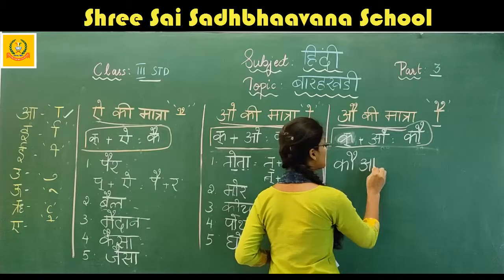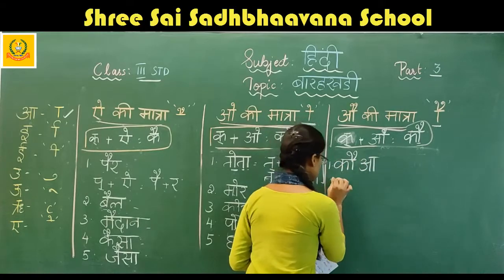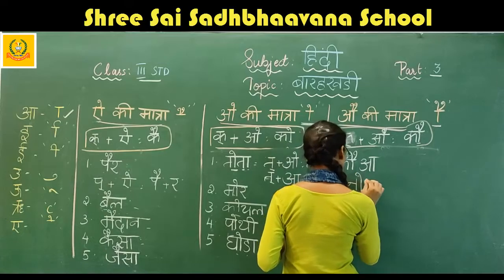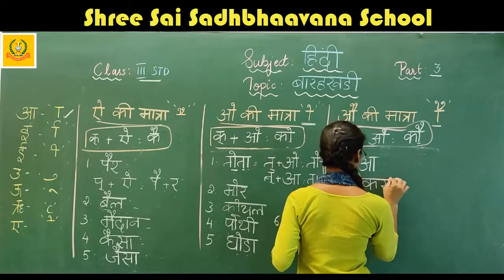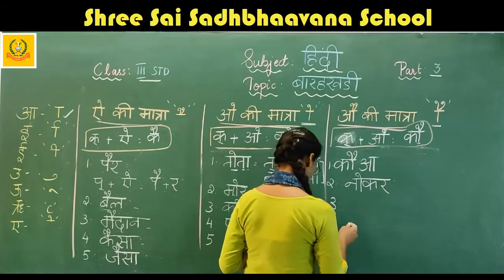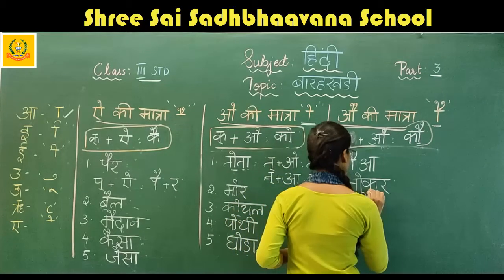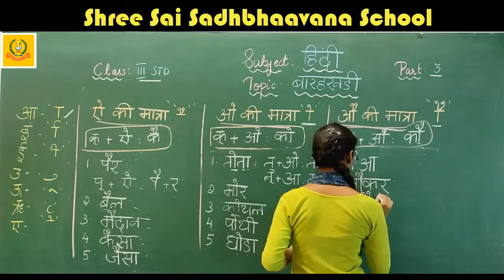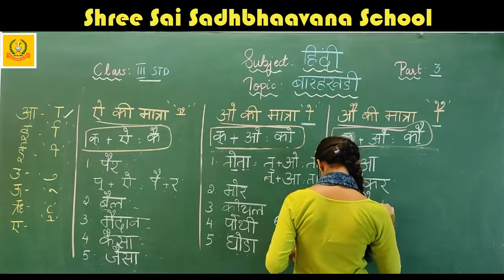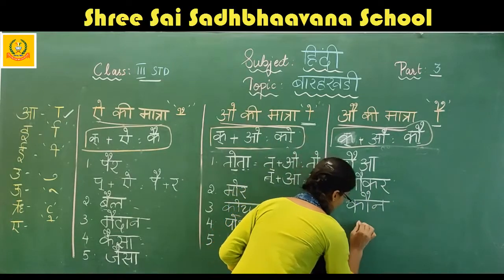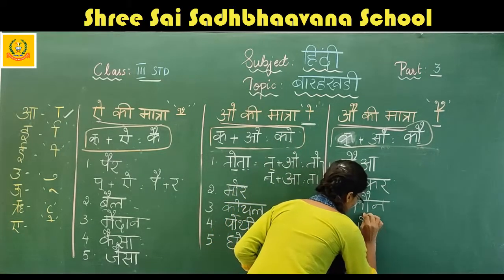Kawa. First example, kawa. Second one, naukar. Third one, cone. Fourth one, dhod.